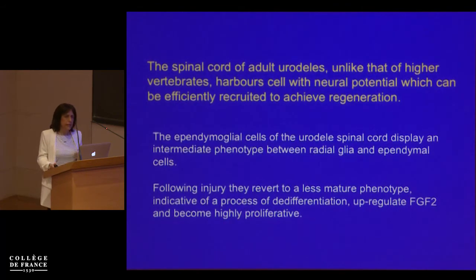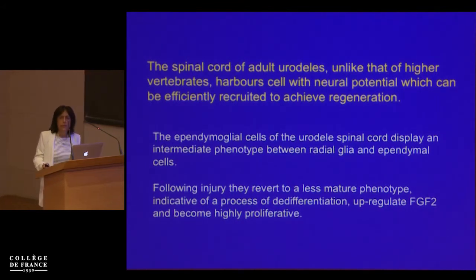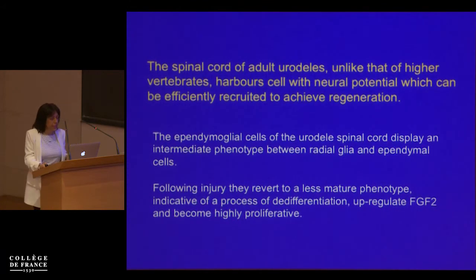So this work, and much more work from a number of laboratories, has really led to consolidate the idea that the main cells giving rise to the regenerating spinal cord in urodeles are these ependymoglial cells that are maintained in the adult, and that in response to injury can be somehow reactivated to some extent.